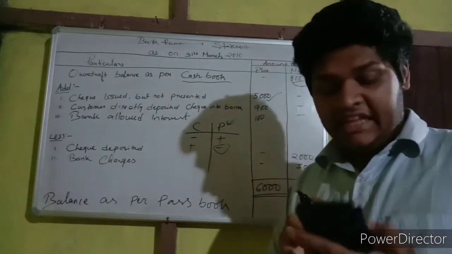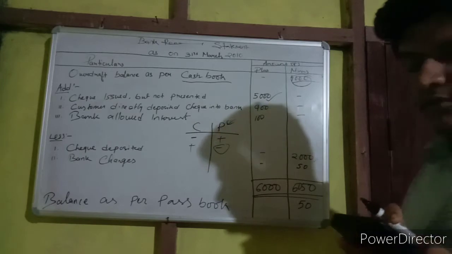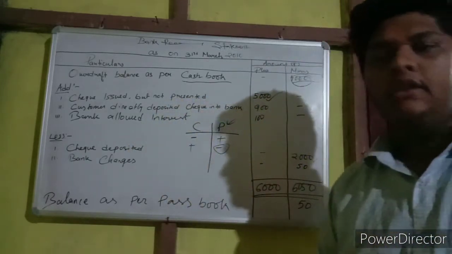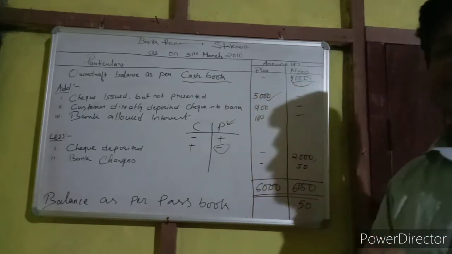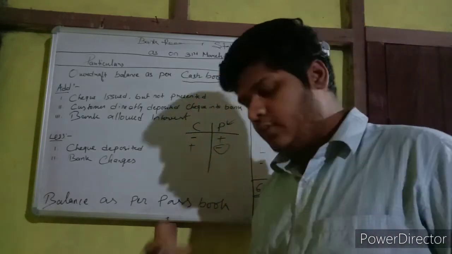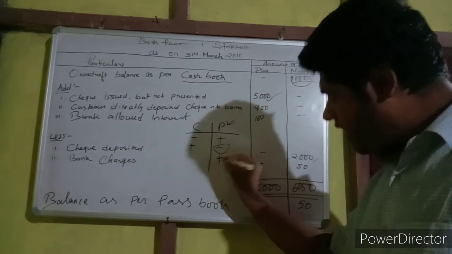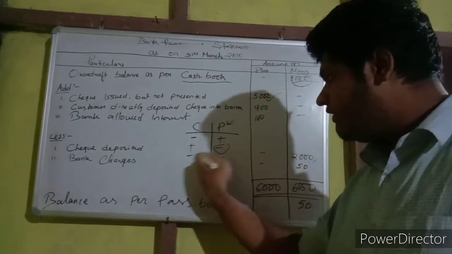Now the fourth point is customer directly deposited check into bank. The customer has directly deposited the check into the bank. That means your passbook has increased, but you don't know by sitting at home.